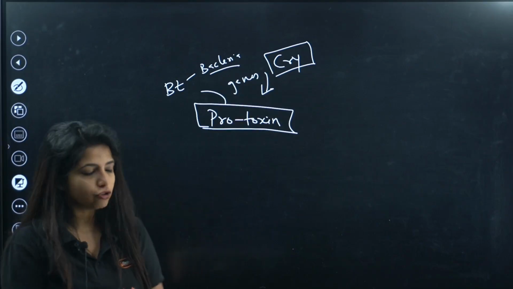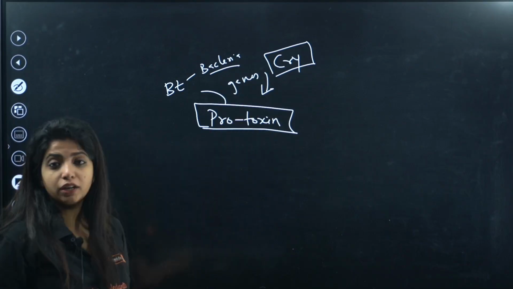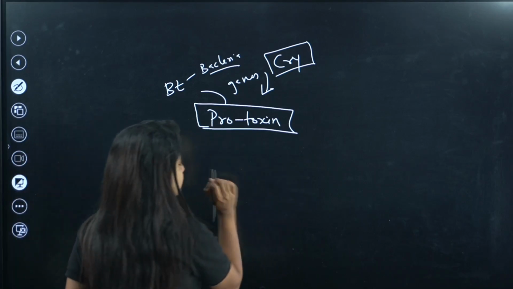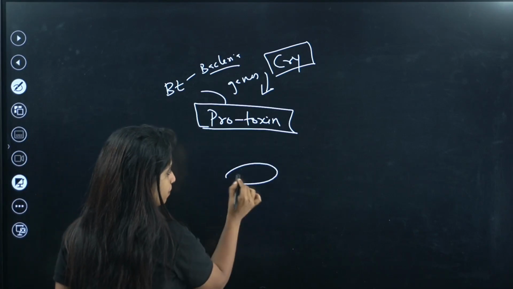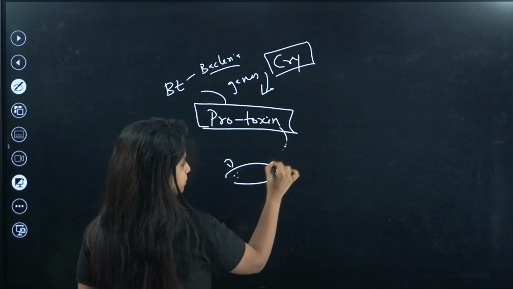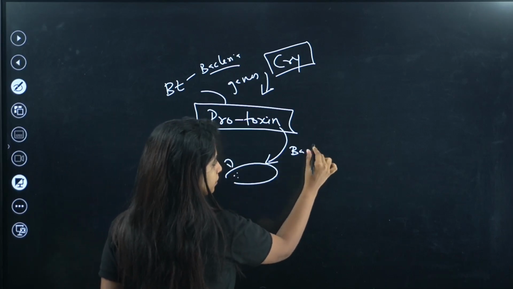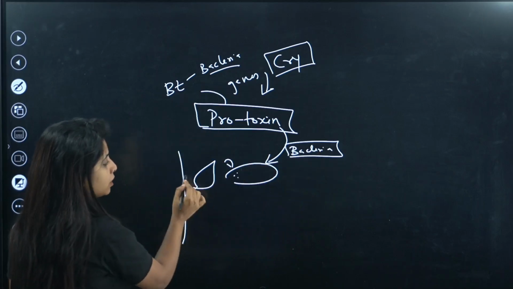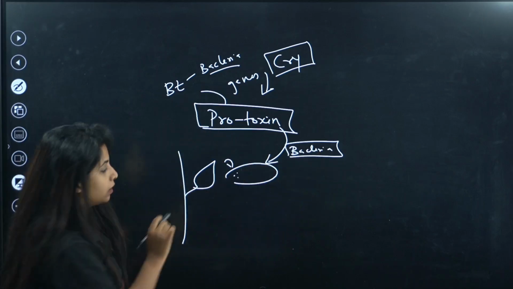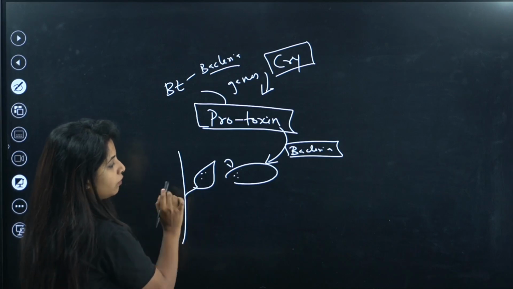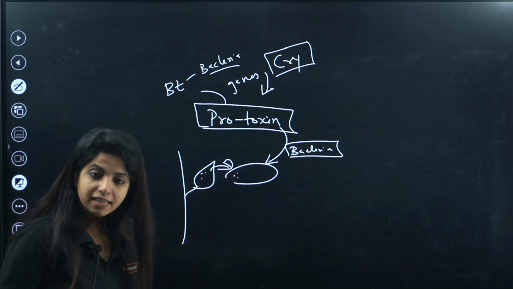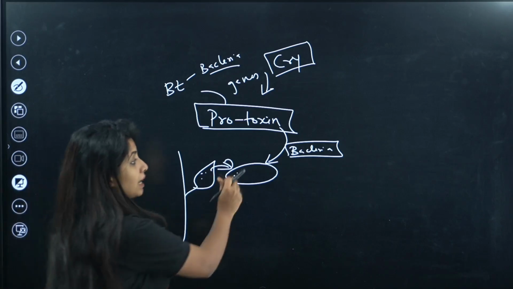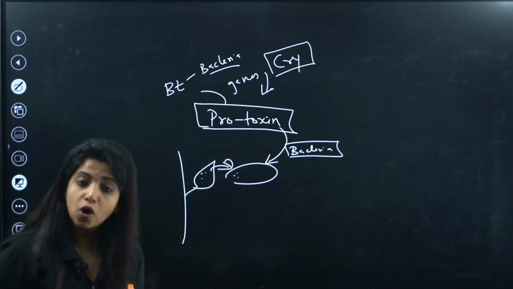Now, suppose, my dear children, I know that this particular bacteria is producing protoxin. Now, suppose an insect went to eat a plant, and on this plant you had the bacteria right over here. Now, what will happen, it got inside the insect. Now, the bacteria is inside the insect. The bacteria is also able to produce what? Protoxin.